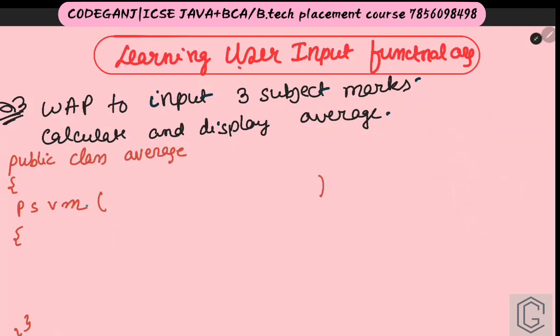So what we will write here is we will directly take the input here. All the input variables come inside this bracket. Instead of String args, now you will have input here. We have to take marks in three subjects, and as I told, marks can be integer only, no need to take double. So I will take int a, int b, int c.